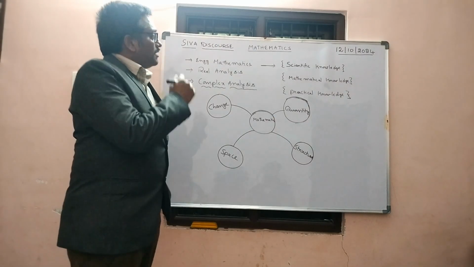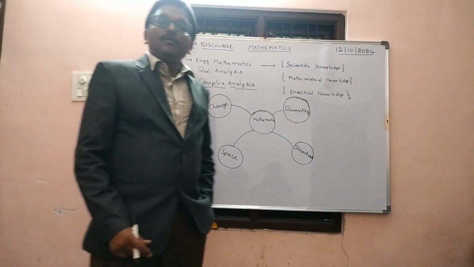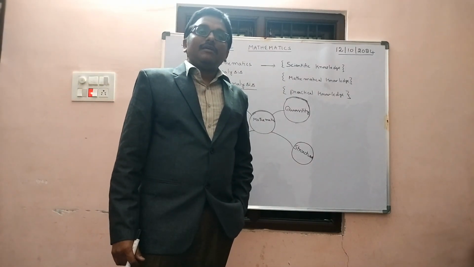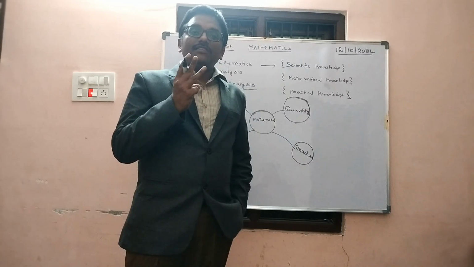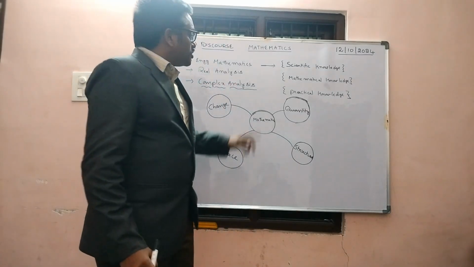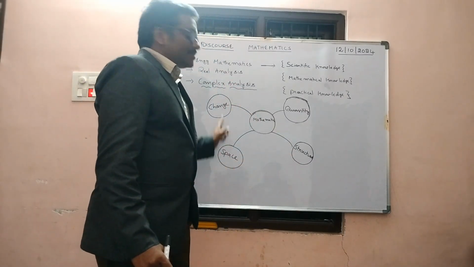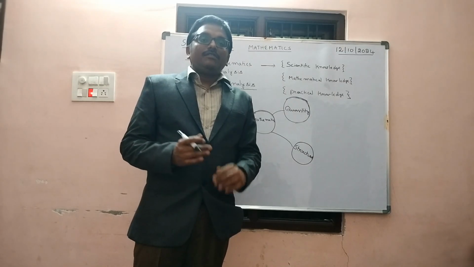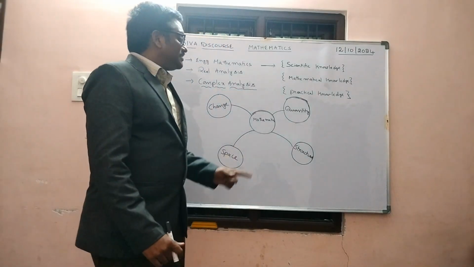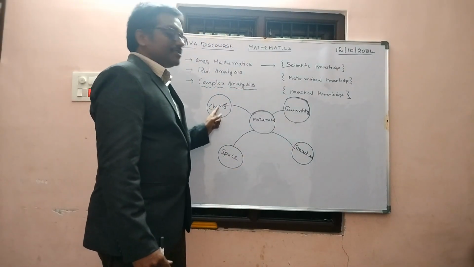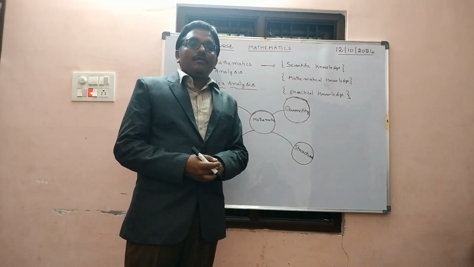So coming to the point of mathematics, if you look at old dictionaries, mathematics as a subject deals with three things: quantity, structure, space. But 300 years before, calculus has been introduced. So that is a change.